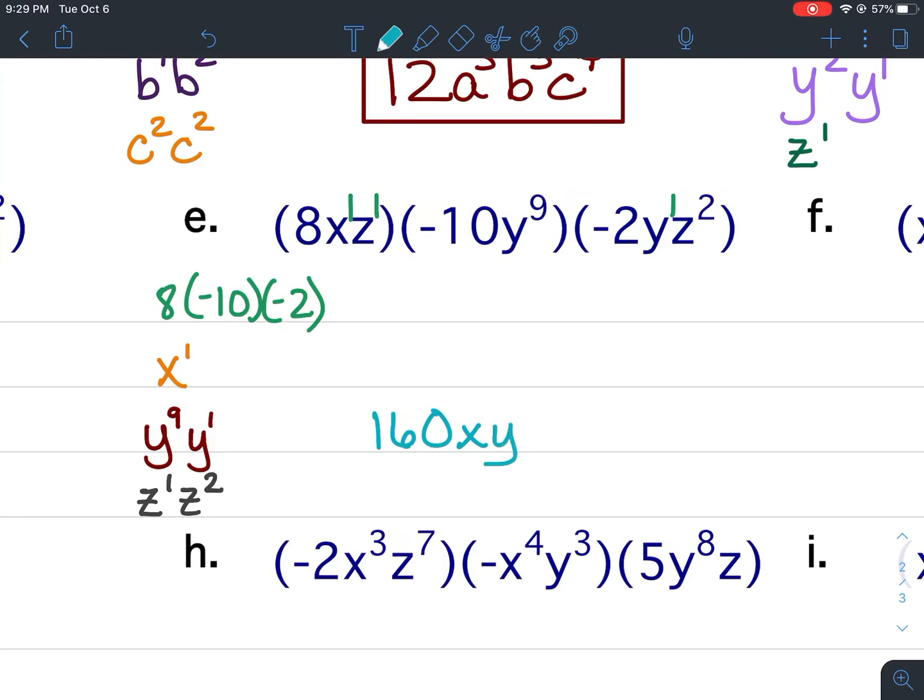For the y, I take 9 plus 1 and get y to the 10th. For the z, I'm going to take 1 and add the 2 to get z to the 3rd. So my final answer for E is 160x, y to the 10th, z to the 3rd.